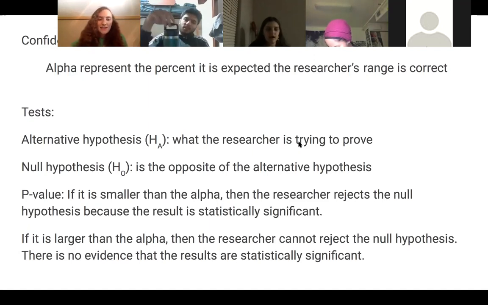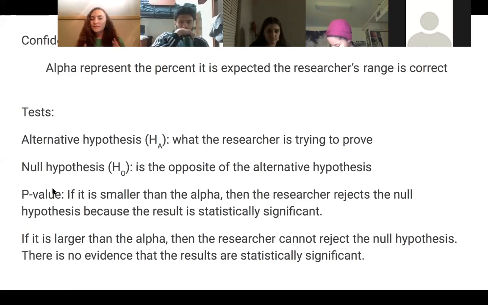So going back to the p-value, what was the asterisk stuff? Basically, if the p-value is smaller than the alpha, the 5% that we're unsure about, the percent of the time it's not correct, then the researcher rejects the null hypothesis because the results are statistically significant.